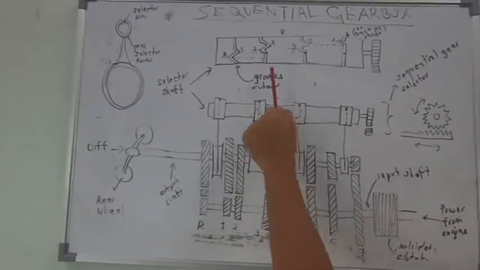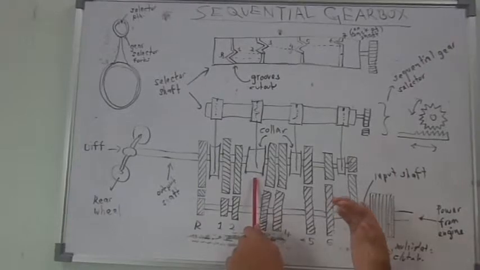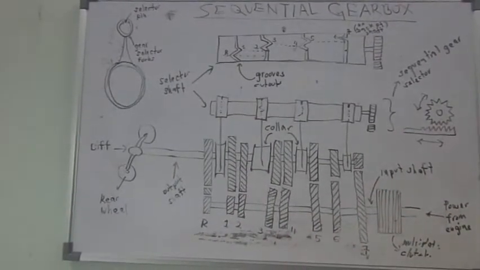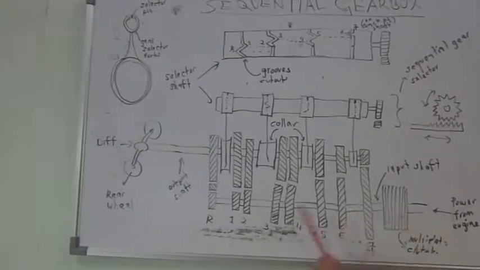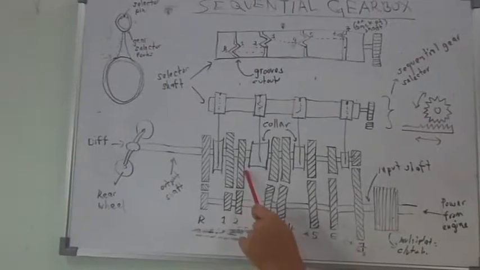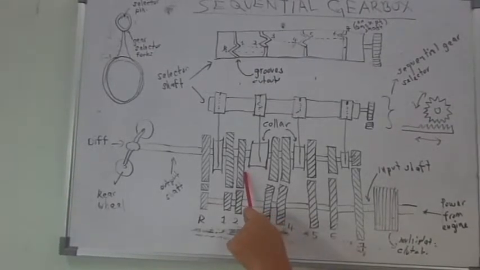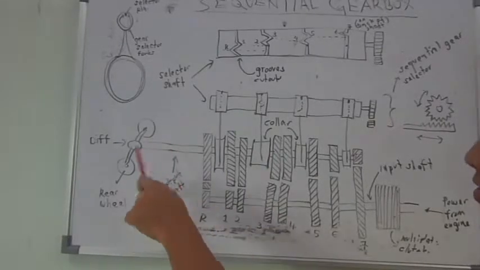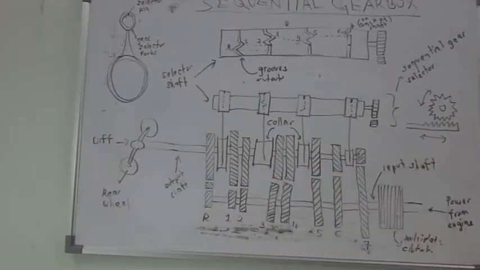Then another collar for the second gear will move to mesh with the second gear. So now the power flow is changed from the engine to the second gear, and the second gear drives the second gear up here, and it will transmit to the collar here, and the collar will transmit the torque to the output shaft that controls the differential.